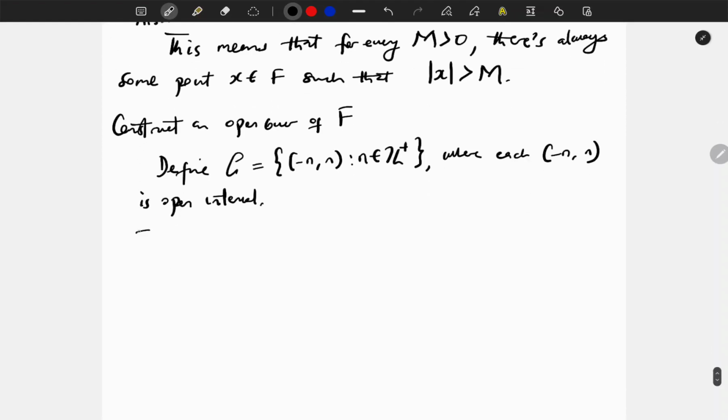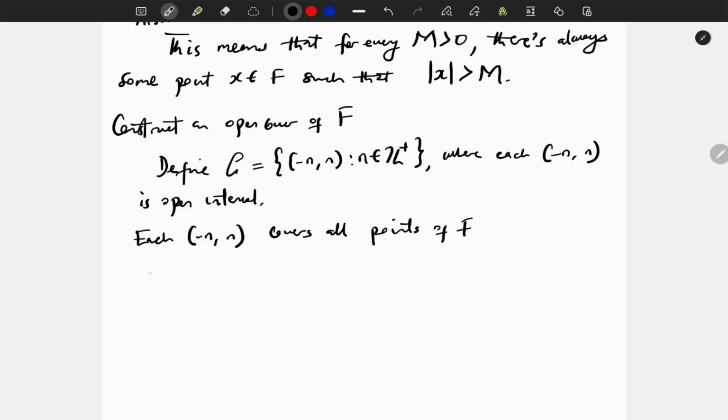So each open interval covers all points of f that lie within distance n of the origin.